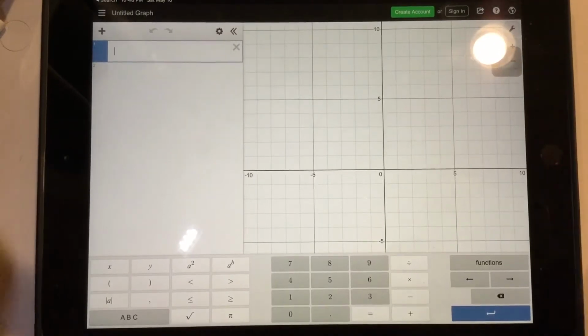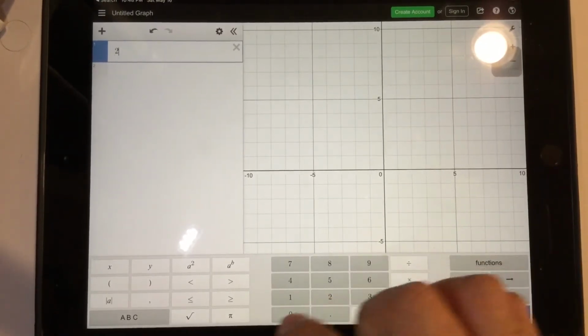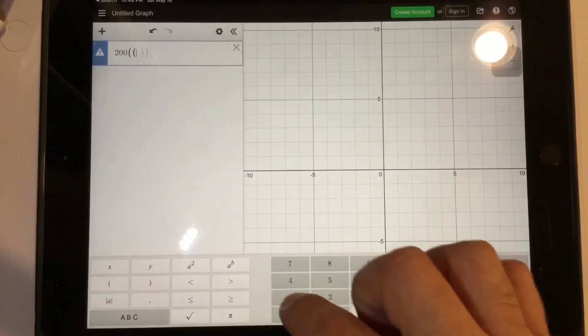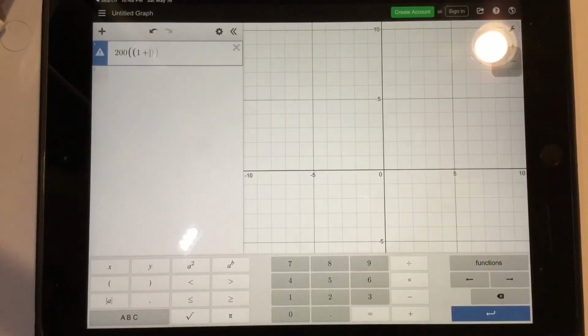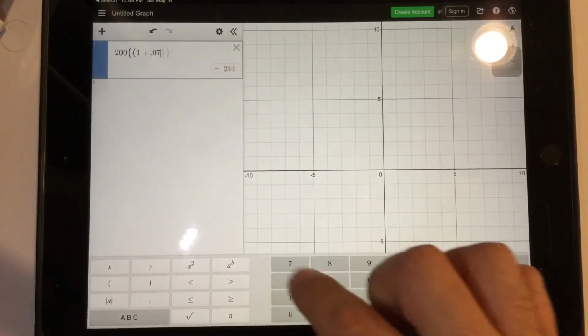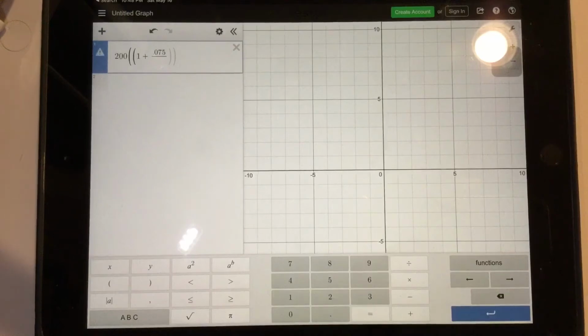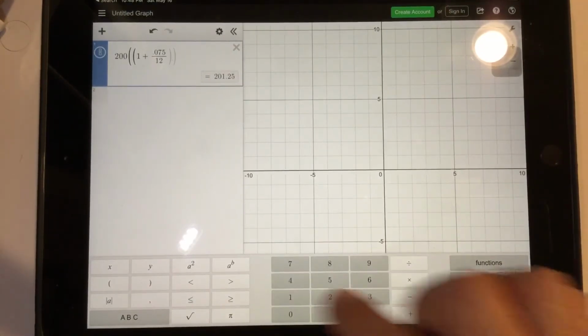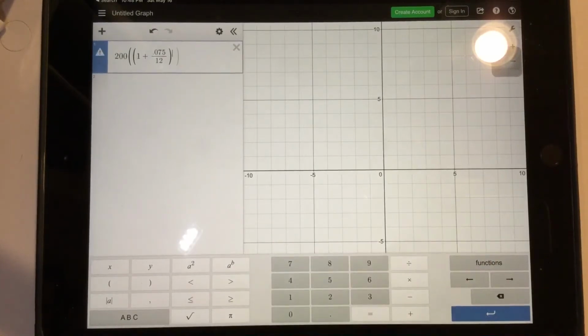Sorry about that lamp right there. So we're going to start with principal amount 200. Parentheses, I'm going to use double parentheses. 1 plus 0.075 divided by 12. I'm going to arrow out of this, arrow out of there. I need to raise it. And here it's 12 times 40.